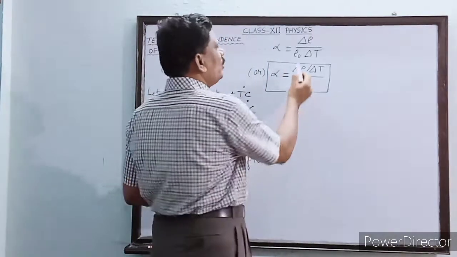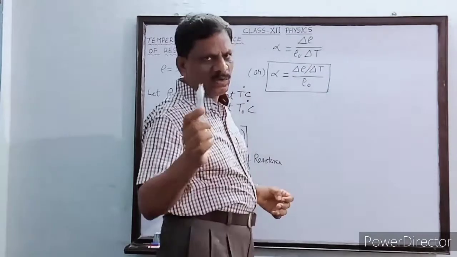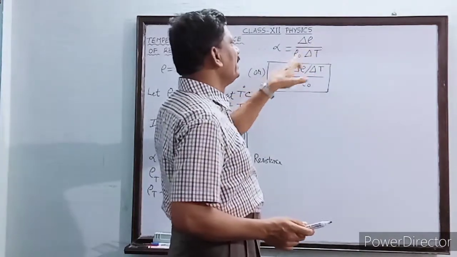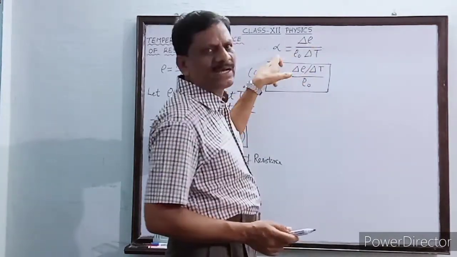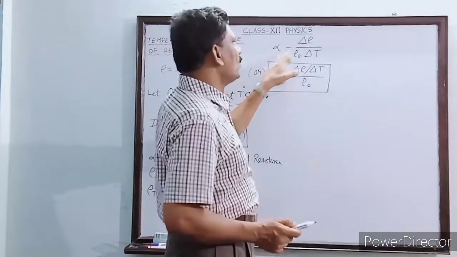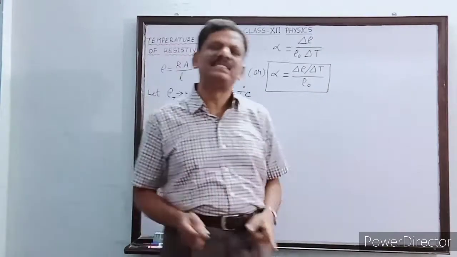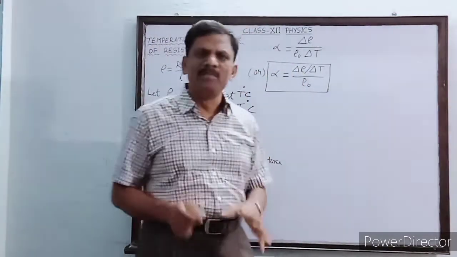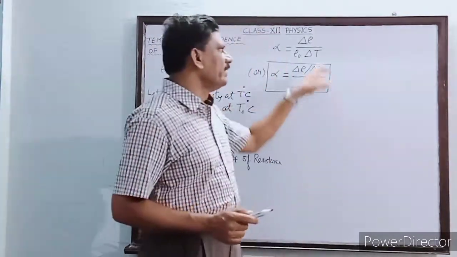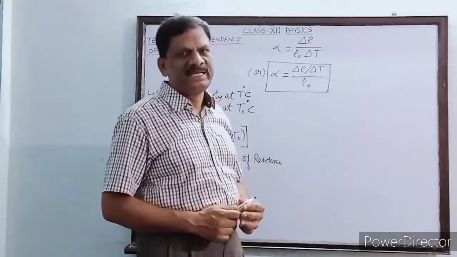Okay. And what should be its unit? Let us try to find out. The change in resistivity divided by resistivity, both are similar quantities. So resistivity or specific resistance has the unit ohm meter, and the denominator also is ohm meter. So they get cancelled. So the only term remaining is temperature in the denominator.